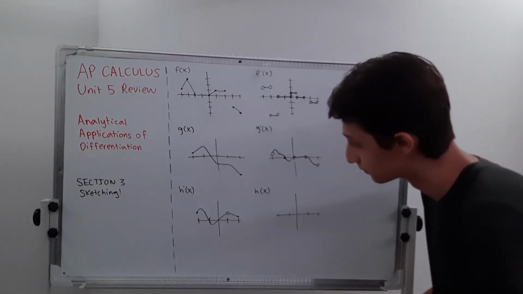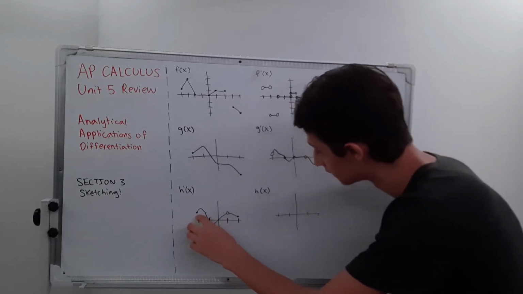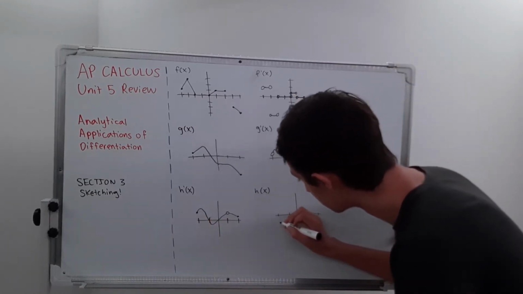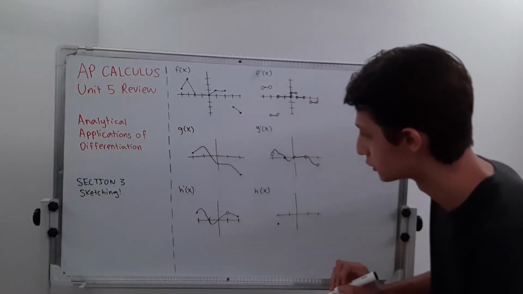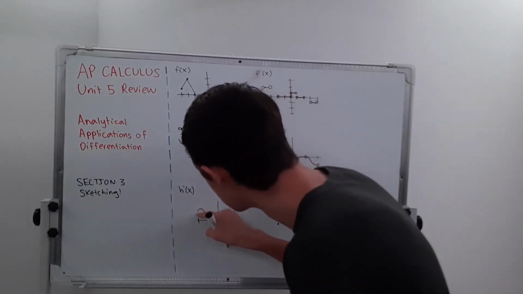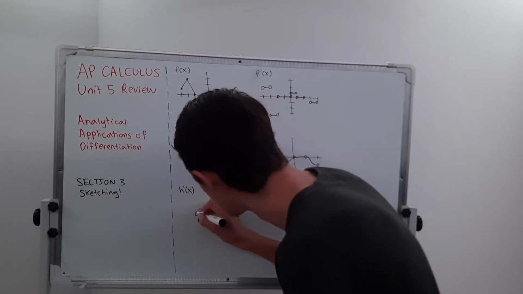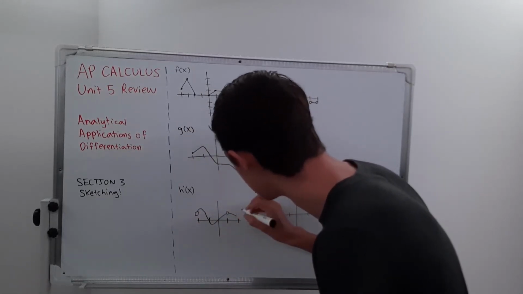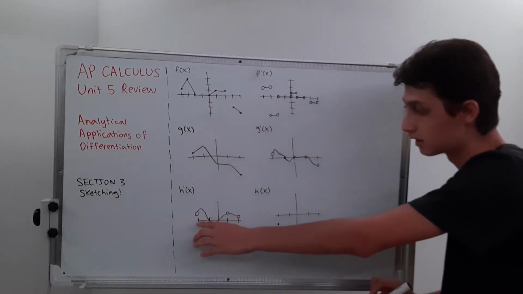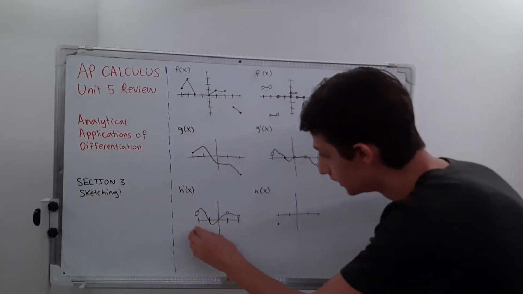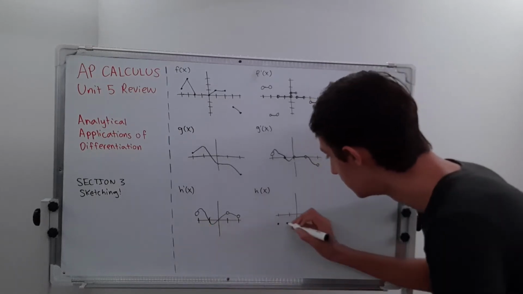So I can put it wherever I want. I'm going to say we're going to start here. Actually, I think I should have put open circles here. Alright, so basically our function is increasing between -2 and -1.